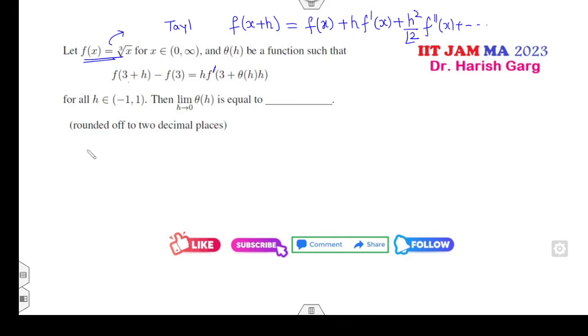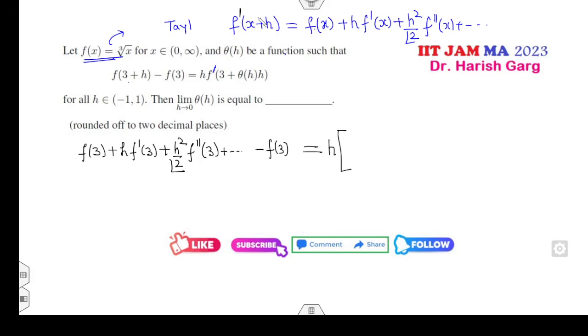Fine. So let's start on the left hand side. F of 3 plus h f dash 3 plus h square by 2 factorial f double dash of 3 and so on minus f3.